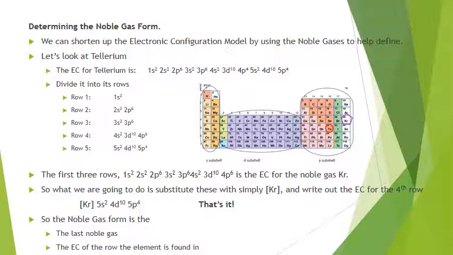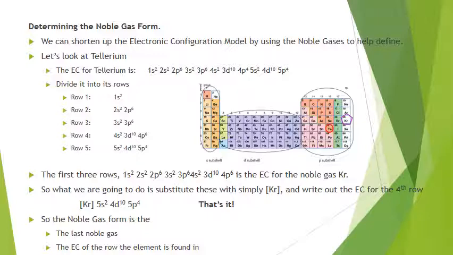Now let's go to noble gas form. Noble gas form is a shortened version of electronic configuration. When we do electronic configurations, they can get kind of unwieldy.